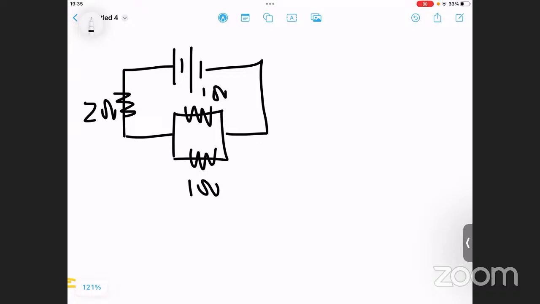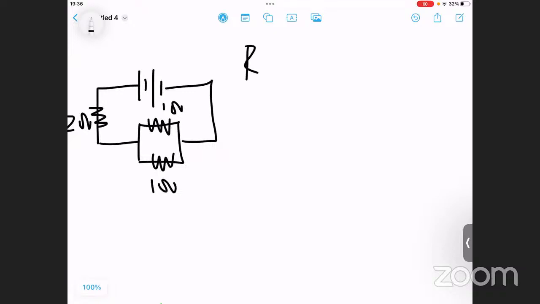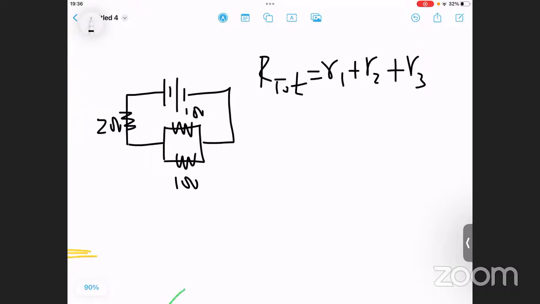What is the formula for calculating R tot, R effective? I just gave you the formula. The formula is R tot is equal to R1 plus R2 plus R3 and other resistors which may exist. So that means, honorable members, in this electric circuit, our R tot, we are having R1, which is connected in series.